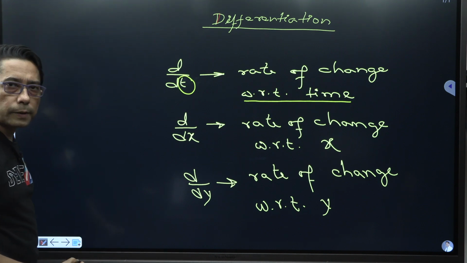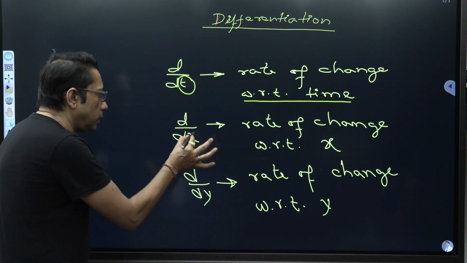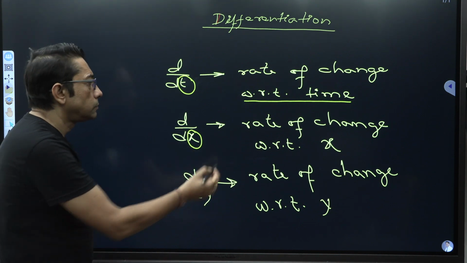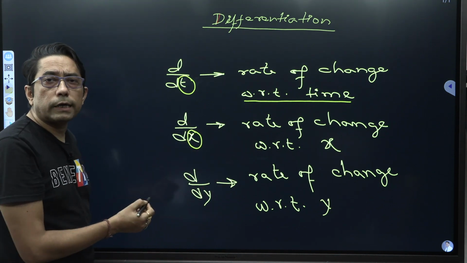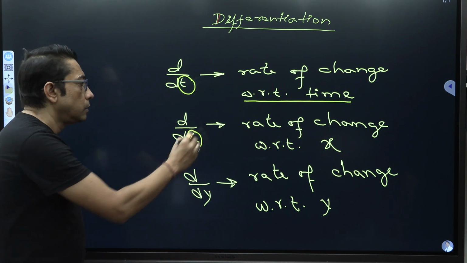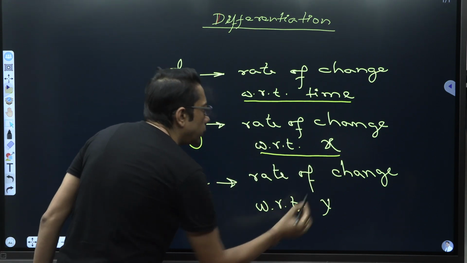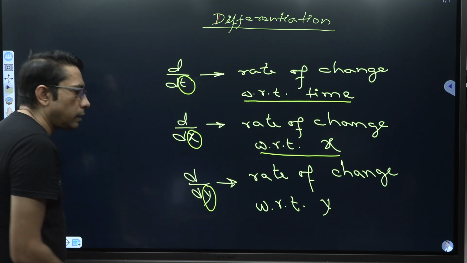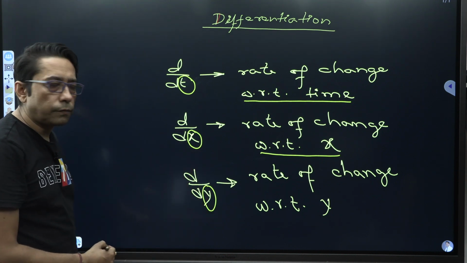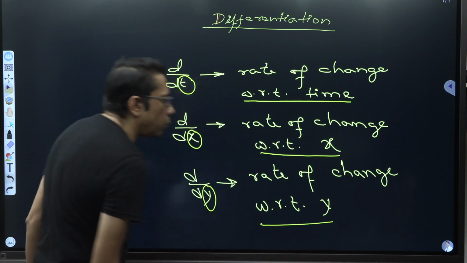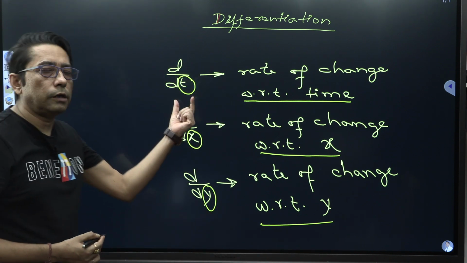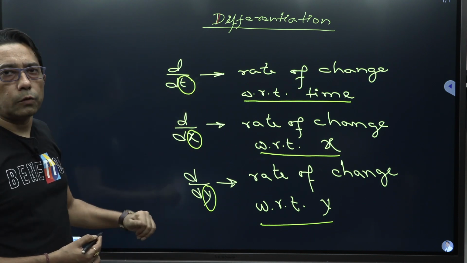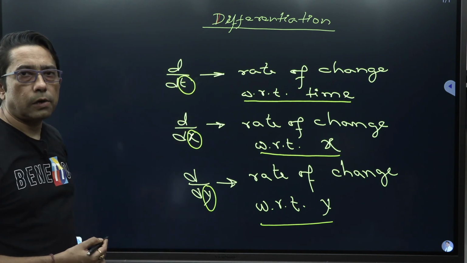Here appears x, maybe displacement or anything you plot along the x-axis in a graph. So rate of change with respect to x. If we write d by dy, it will again represent rate of change with respect to the quantity y. So whatever you write in the denominator, it will refer to rate of change with respect to that quantity.